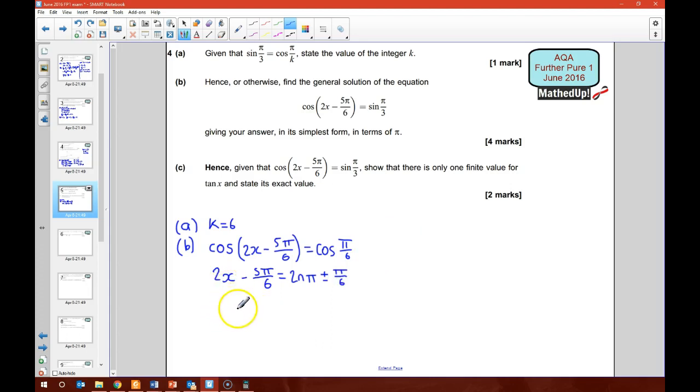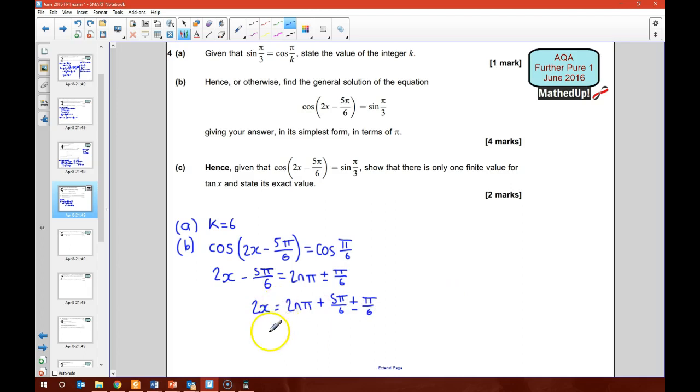Okay, so I can now add 5 pi over 6 to both sides, so that's going to tell me that 2x is going to be equal to 2n pi plus 5 pi over 6 plus or minus pi over 6.